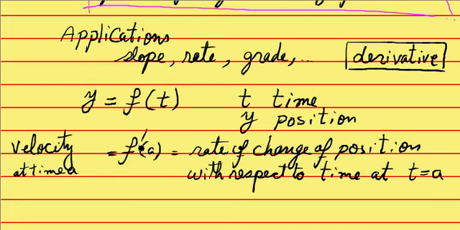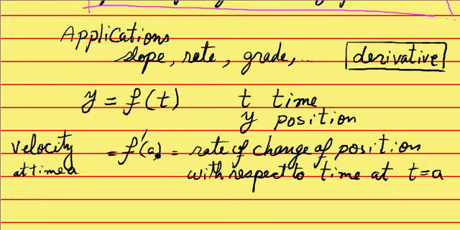In the same sense, you can talk about acceleration. Acceleration is a rate of change of velocity with respect to time. Later on in your physics classes, you are going to learn about electric current. Electric currents are rate of change of electric charge with respect to time. Later on in this course, we are going to talk about the linear density of various material.